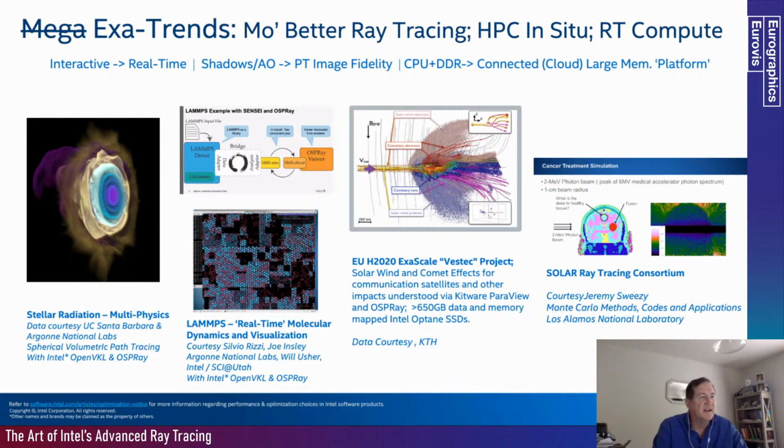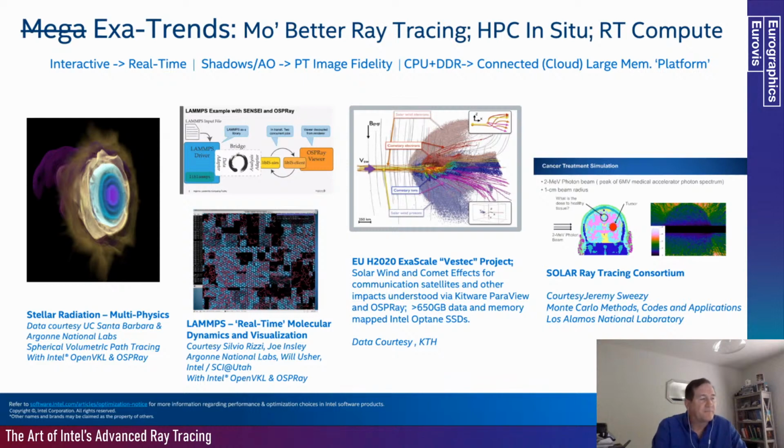So this is something that we're actively working on, and feel free to follow me and look at what's happening in situ. Another very cool project, again an exascale project, is called VESTEC. It's a European Union project, and one of the driving applications is solar wind and cosmic effects, sometimes called space weather, and space weather can affect communication satellites, you know, magnetic pulses from the sun that we're aware of.